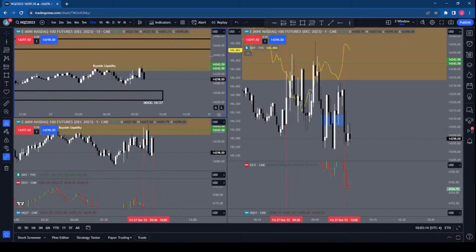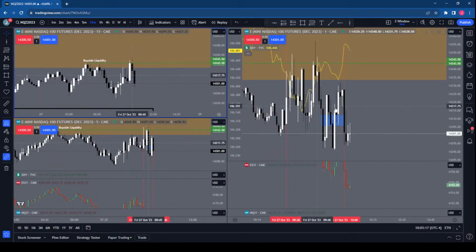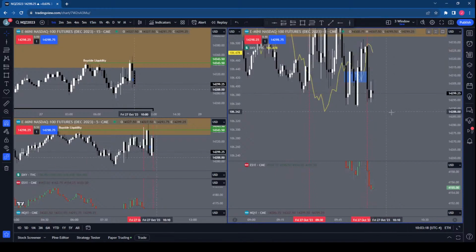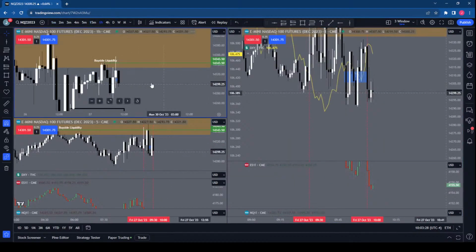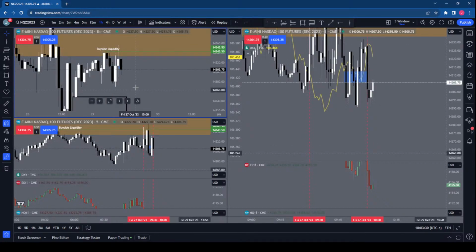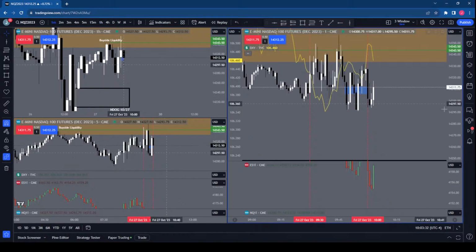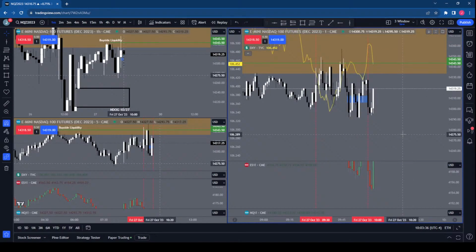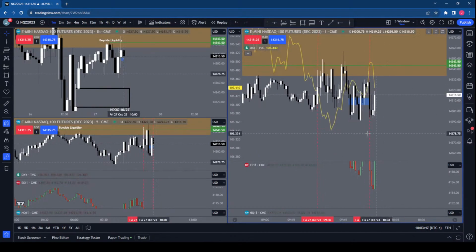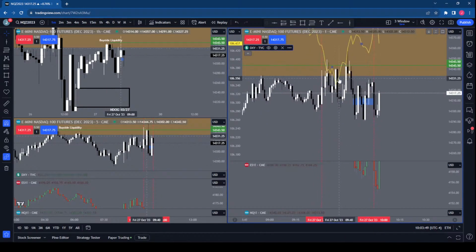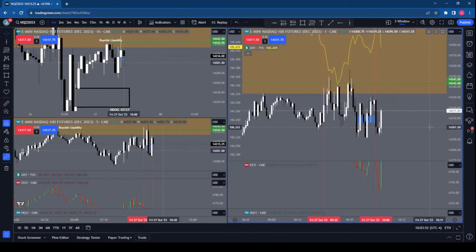So yeah, I think especially since I'm seeing lower prices. We took this hourly liquidity. Lower prices if the dollar continues to make higher highs, because if the dollar starts to drop, those lower prices will not be in play.